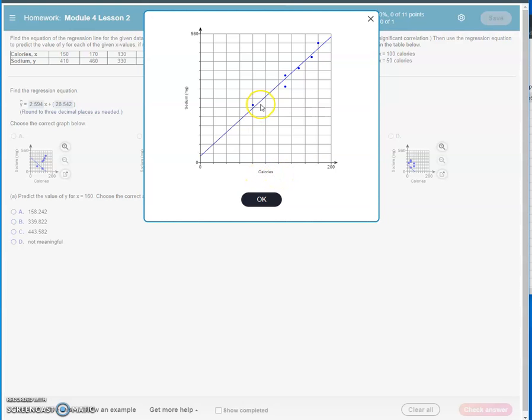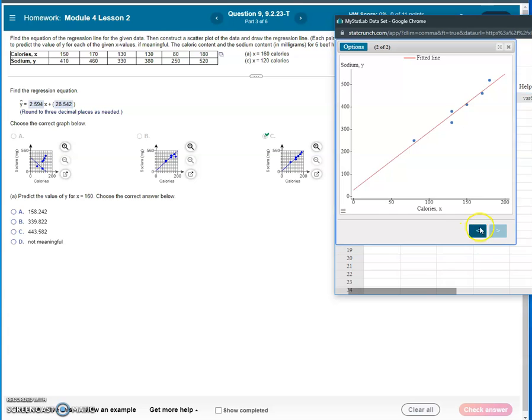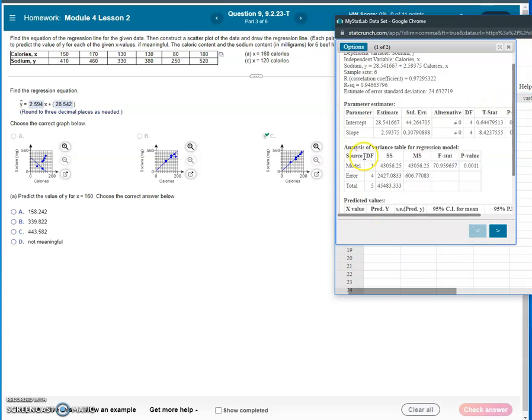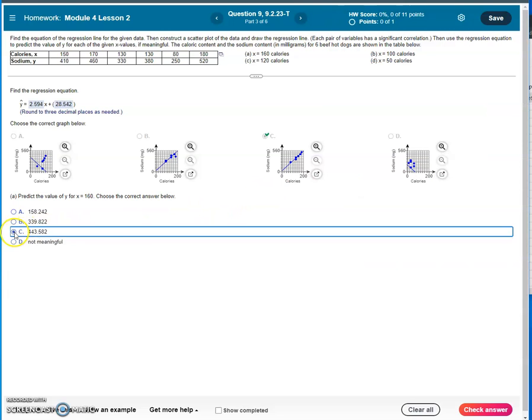Obviously I only have about 5 or 6 data points here, but if I want to know these values like 160, I don't have a data point at 160, but if I did, how much sodium would there be? If we look at our results here, the 160 is 443, which is this one.